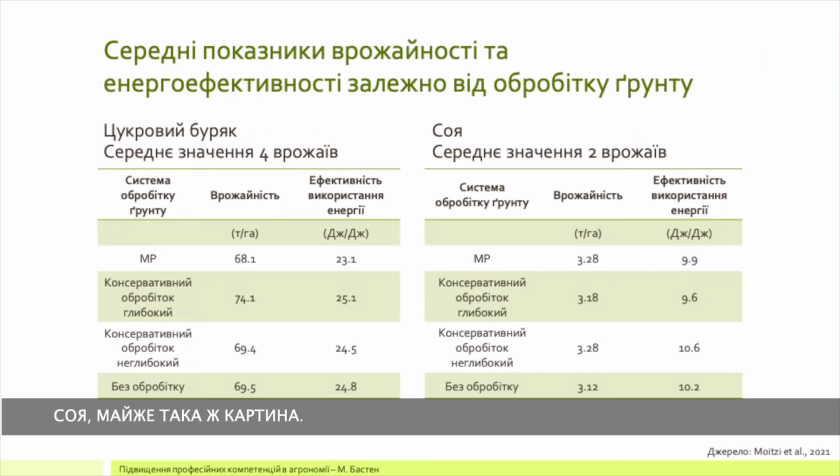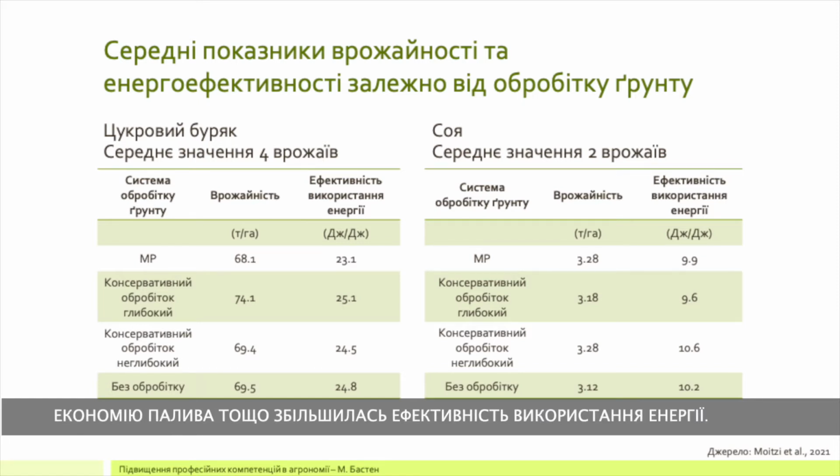Soybean, very much the same picture. We have hardly any yield differences here, but because of fuel saving and so on, the energy use efficiency has increased. So we got 10 times more energy out of soybean harvest compared to what we have invested to produce this harvest. For sugar beet, it's about 25 or 24 times more energy output compared to energy input in the system.